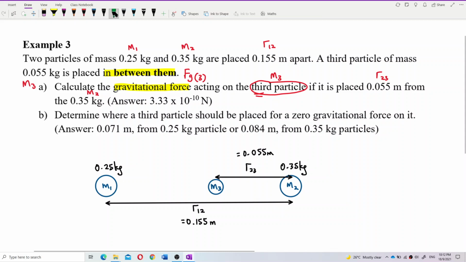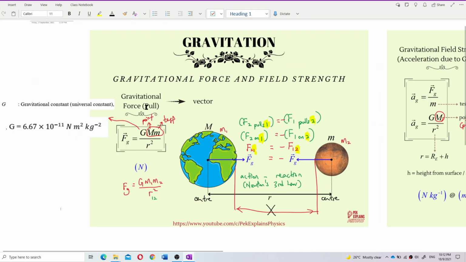We know that between any two masses there must be an attractive force. The force must exist in a pair. Gravitational force cannot exist alone. You cannot say Mars has an attractive force on Earth, but Earth has no attractive force on Mars. These two forces must exist in a pair. When there is an action, there must be a reaction. If the Earth pulls the mouse, the mouse also pulls the Earth.